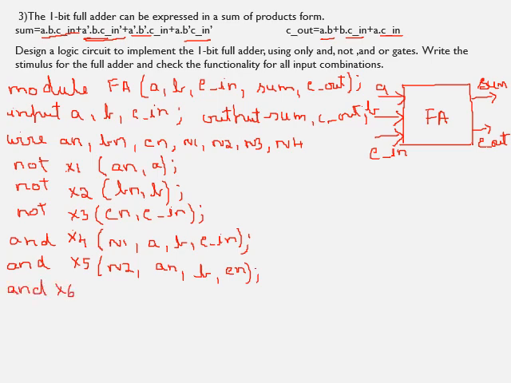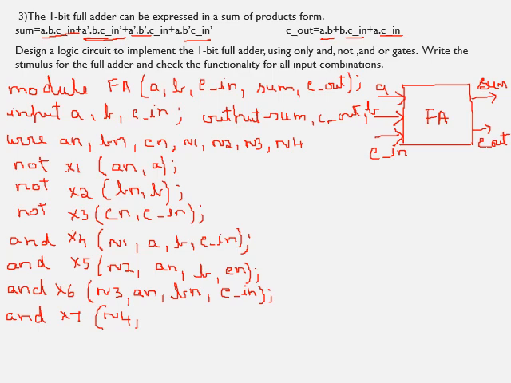Third AND term, let me take it as x6. The output is n3, A bar, B bar and C in. So A bar is an, B bar is bn and C in. The last AND term for the sum output is, let it be instance label x7 and output n4.